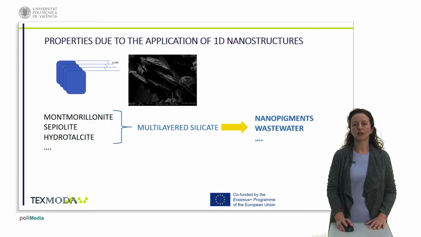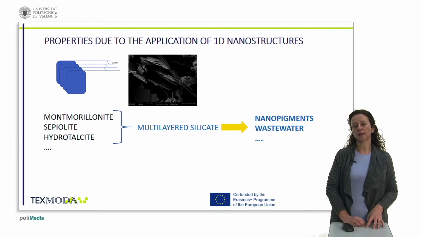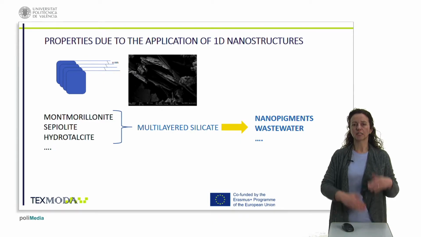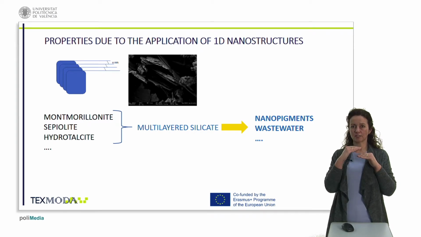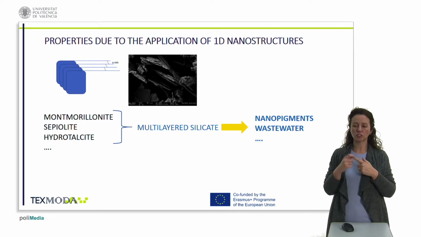Well, then, according to this, we can observe that, for example, multi-layered silicates are used to obtain nanopigments. This means that between the layers that we are going to obtain in that kind of multi-layer silicates, for example the montmorillonite, we are going to include part of the dye molecule, and then it's going to be kept there, protected from different external agents like the light or temperature.